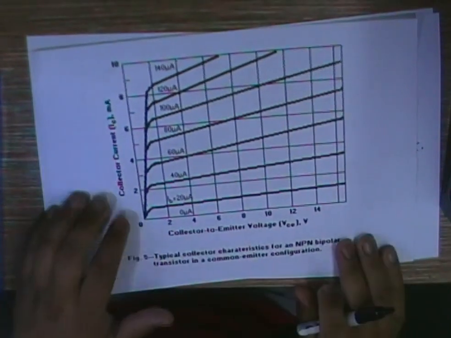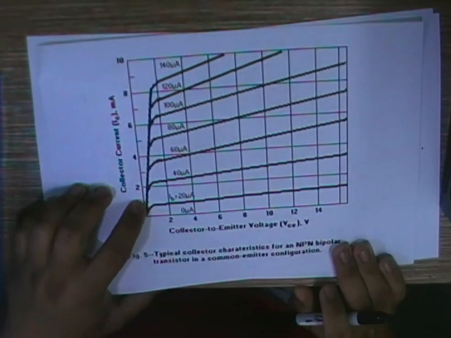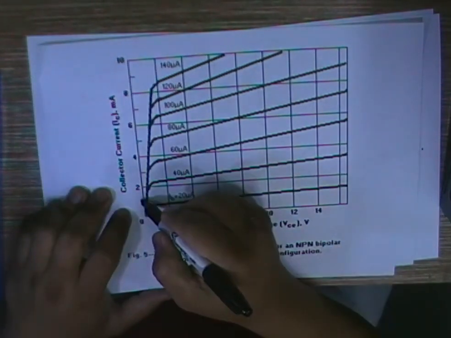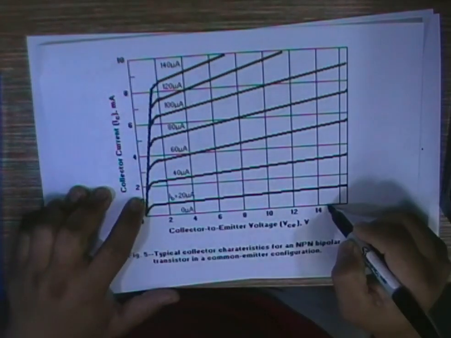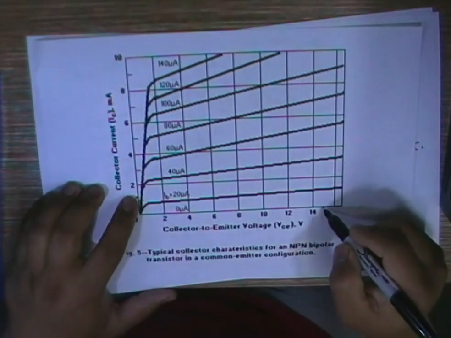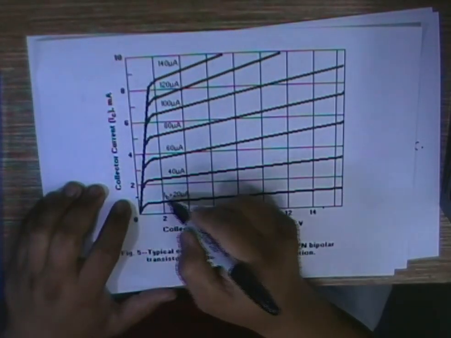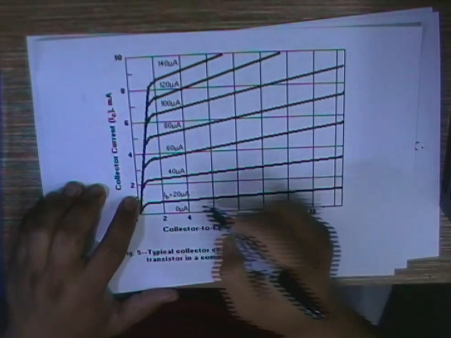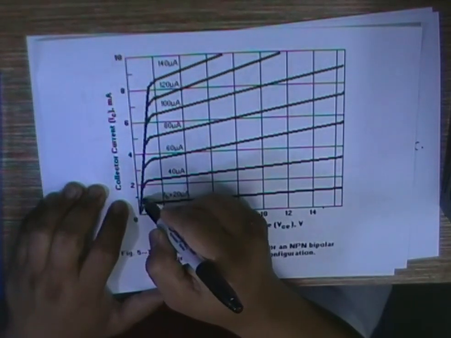If I set my IC to be 1.25 milliamps, which is around here, and this is my VCC, so you can see that the slope is about this.